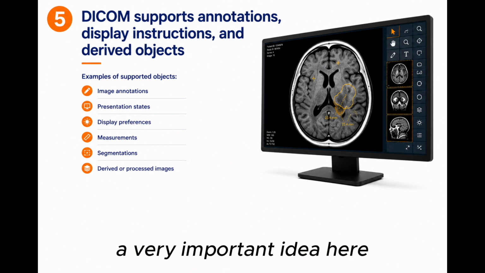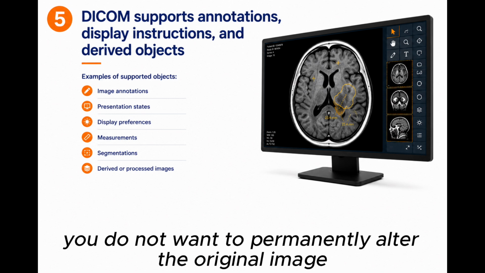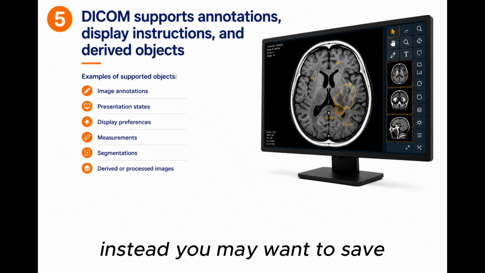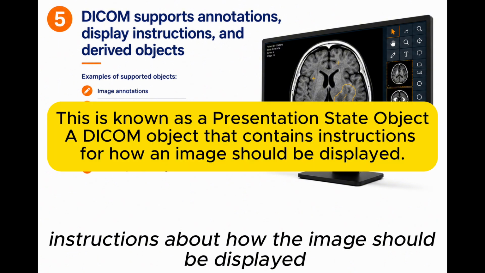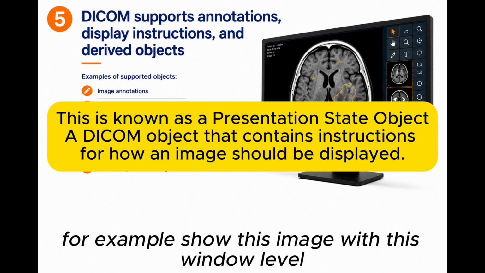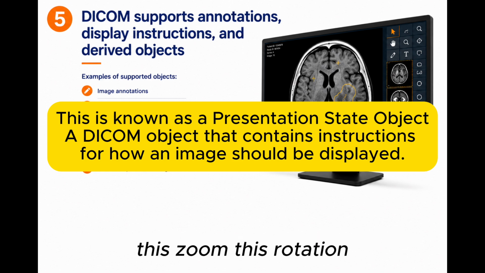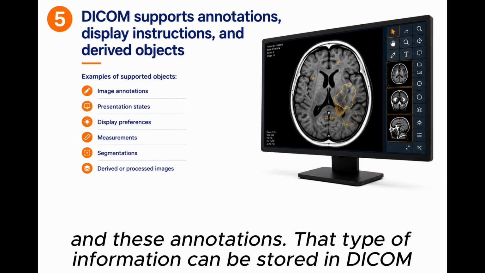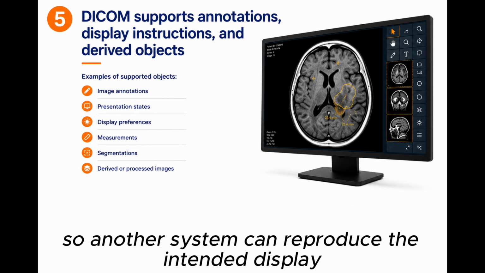A very important idea here is that sometimes you do not want to permanently alter the original image. Instead, you may want to save instructions about how the image should be displayed. For example, show this image with this window level, this zoom, this rotation, and these annotations. That type of information can be stored in DICOM so another system can reproduce the intended display.